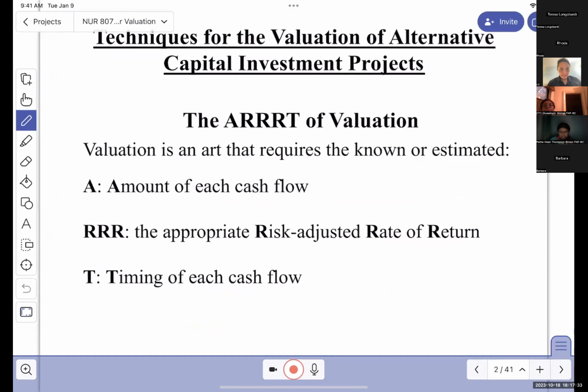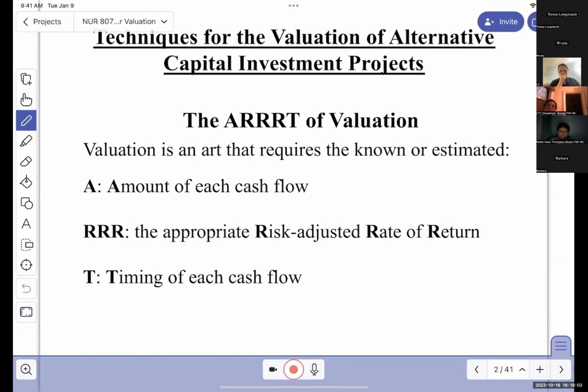All right, so you get the idea from last week that we're valuing the MRI project in the example that we did last week. And there's an art to it. Yes, we're doing mathematics and it looks kind of scientific, but really it's based on your estimates, right? It's based on gathering and imagining the future and what it would be like.